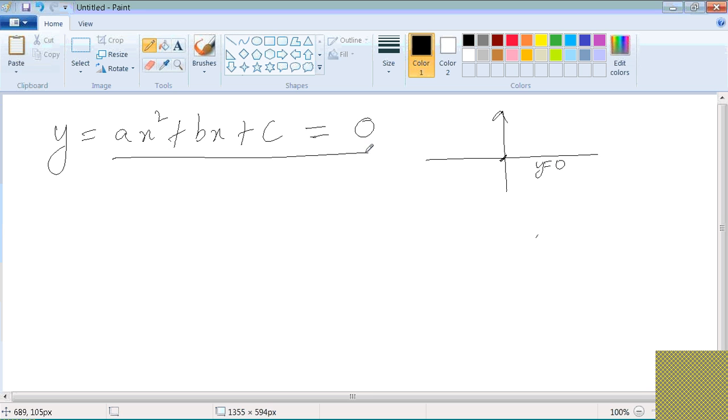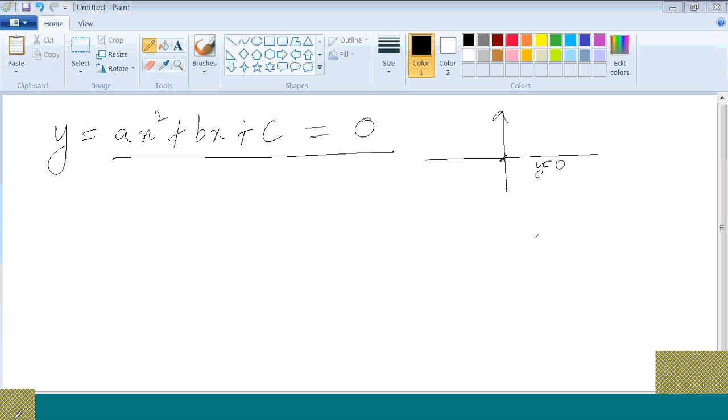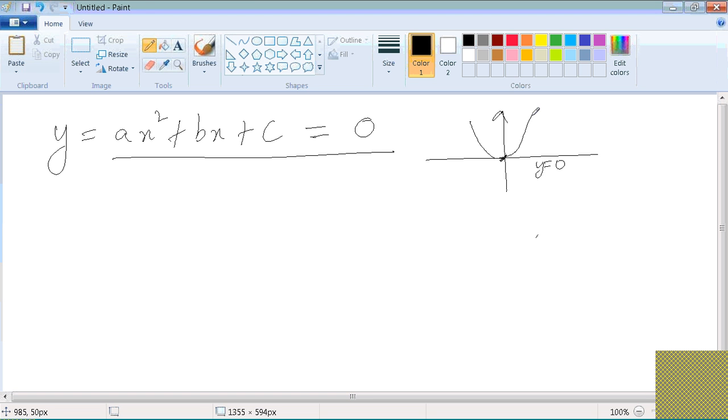So when you equate this to 0, you are trying to find out how many touch points, how many values of x exist. And we already saw that it could be either 0, 1 or 2 based on whether the curve is like this, or like this, right? So this is 1 point, 0 point, and this is 2 points.